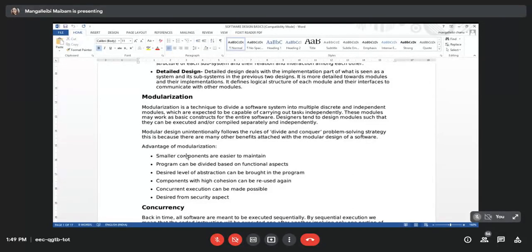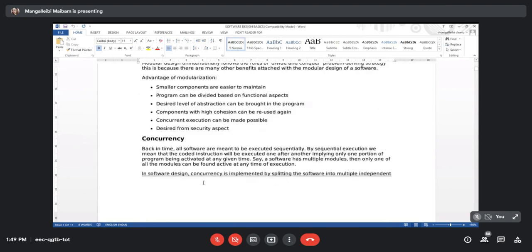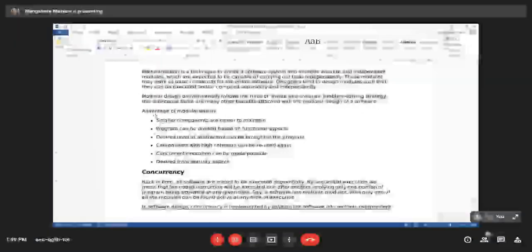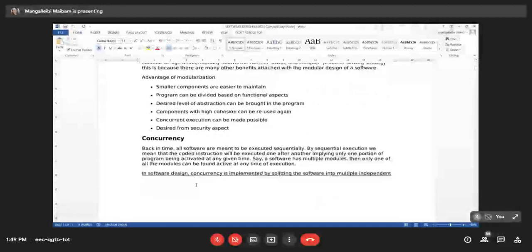Here also we are going to divide our complete software system into multiple independent modules. Each module will perform its own work and finally it will integrate and give you a final result. So that is what is explained here, and some advantages are written down here. You just go through.